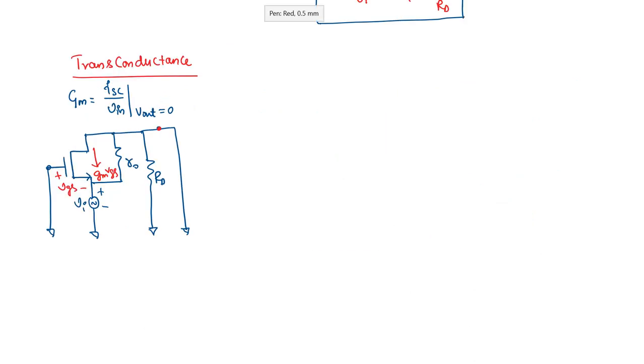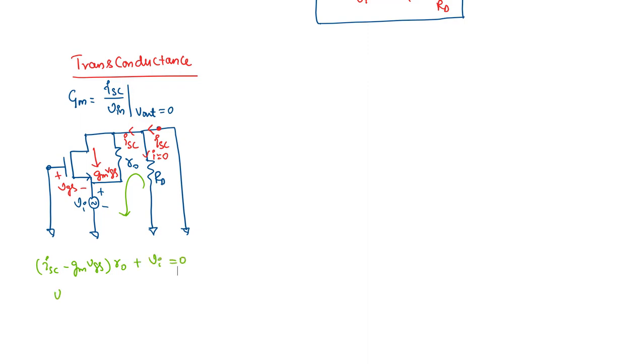Now let's find the transconductance of this stage. Hence we have grounded the output terminal. Now let's see what is this ISC. Obviously this current cannot be flowing through RD because the voltage across it should be 0. Hence current flowing through RD should be 0. Hence the current here should be equal to ISC flowing into the drain. Now we can take KVL in this loop, where we get voltage across R0, which will be ISC minus GMVGS times R0 plus VI should be equal to 0.